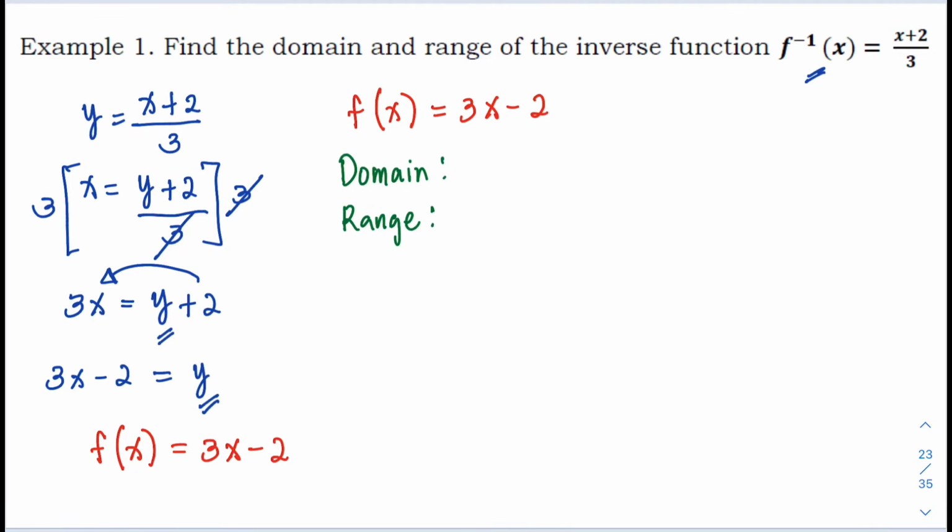Okay? So, pag nakuha na natin yung domain and range ng ating original function, makukuha na rin natin, guys, yung domain and range ng ating inverse function na x plus 2 all over 3. Tama?